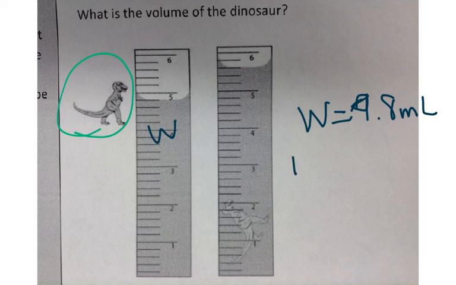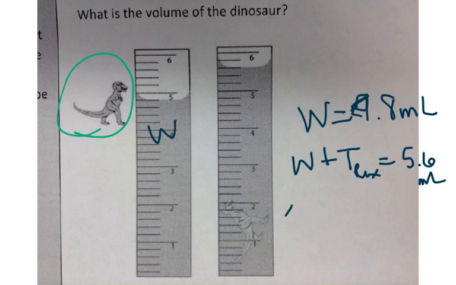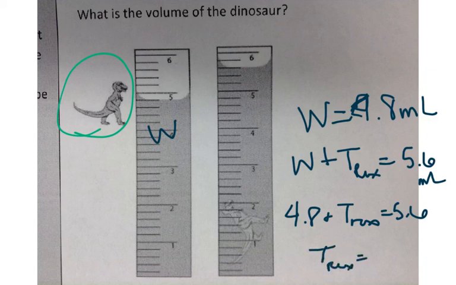When I had water plus T-Rex, it went all the way up to 5.6 milliliters. Now I know the difference using basic algebra: W, I could put in 4.8, plus T-Rex is equal to 5.6. So basically all you're going to have to do is subtract, and you get that your T-Rex was equal to 0.8 milliliters.